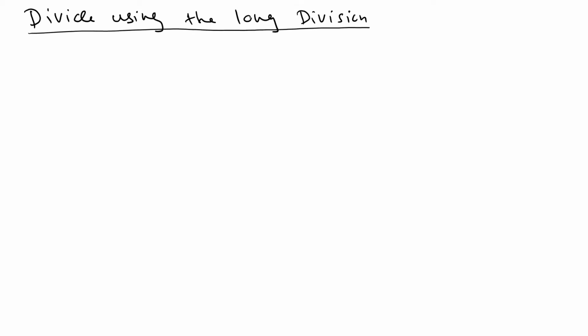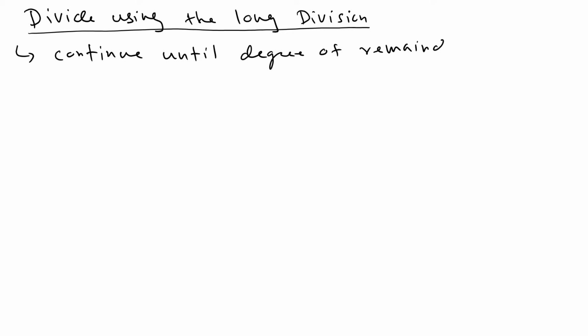The main thing is there's only one thing that you want to remember. You're going to continue until the degree of the remainder term is less than the degree of the divisor.